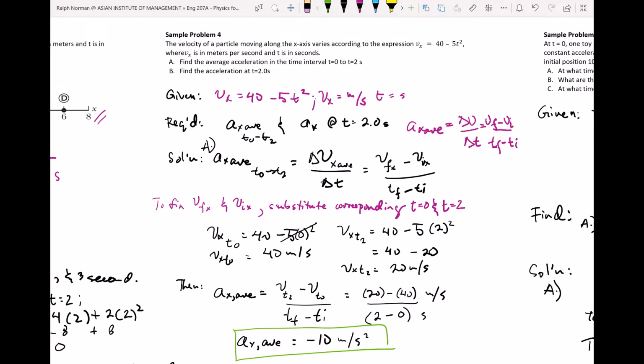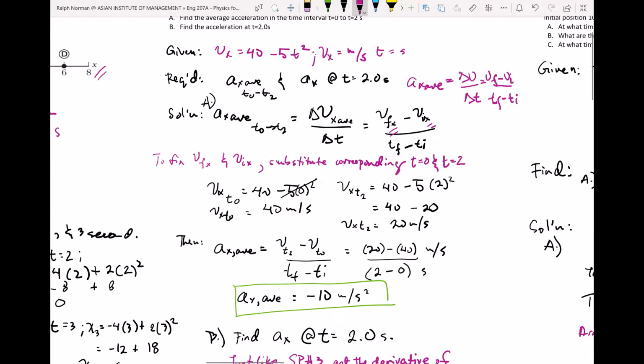Now, to simplify, given that equation, we ought to know what V final x is and what your initial velocity is. To get those, you simply substitute the corresponding times, t equals 0 and t equals 2, into the provided equation.